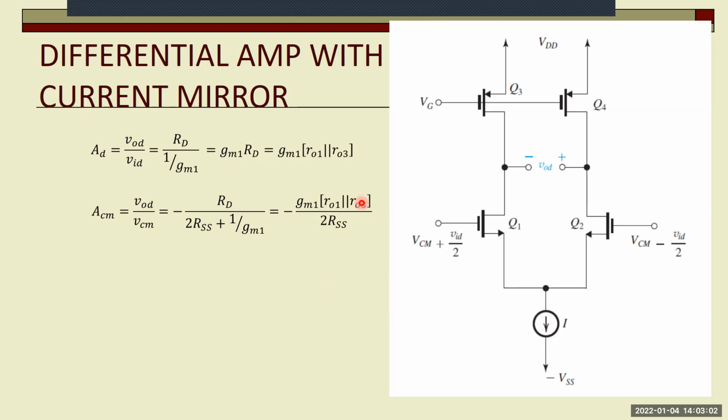So that will be GM1, RO1 in parallel with RO3, divided by 2 RSS. Why 2 RSS? Because the currents sum up here and flow over that resistance. So the common mode rejection ratio is a function of that resistance and the GM of the first MOS.